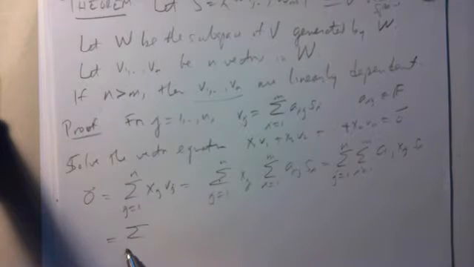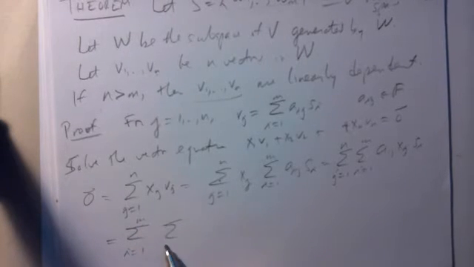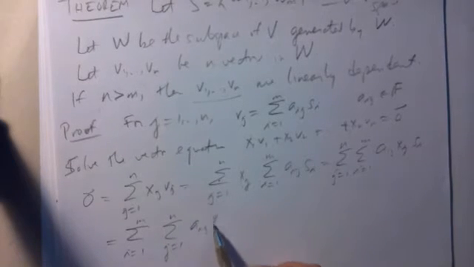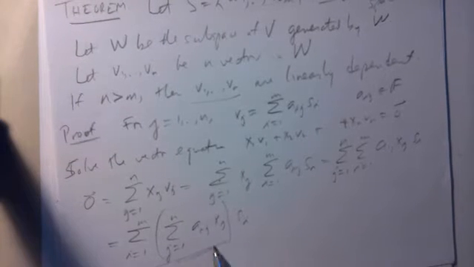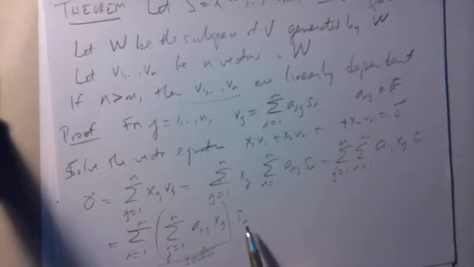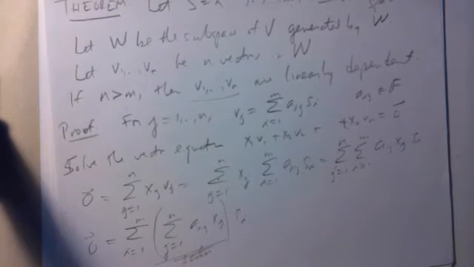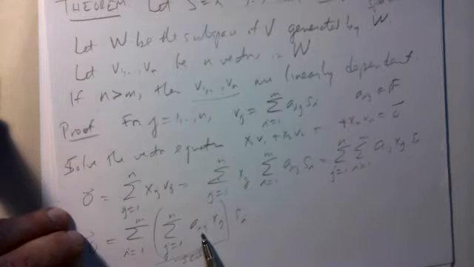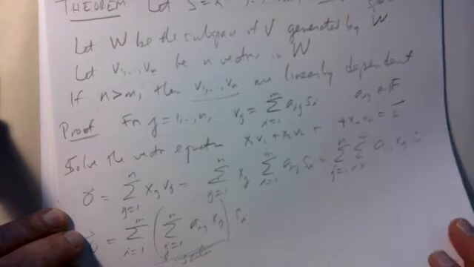This is summation i goes from 1 up to m, summation j goes from 1 up to n, aij xj times si. That's this scalar, this is just a number, times si. And we want to know if that's the 0 vector. Now, it would certainly be the 0 vector if all of these numbers, summation aij xj, are 0.